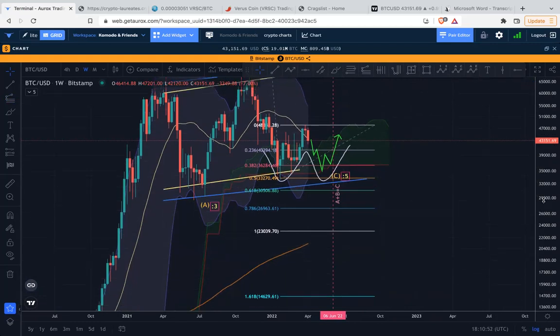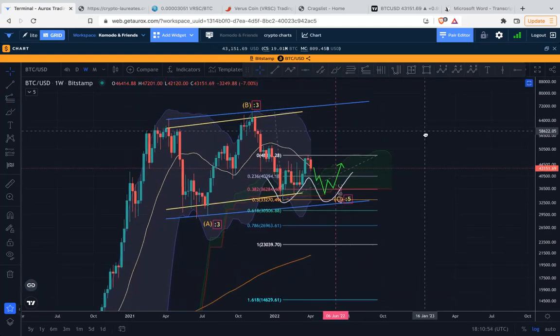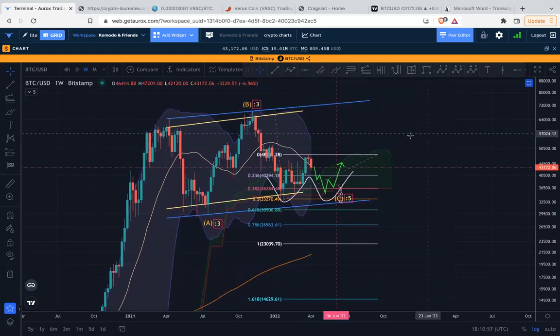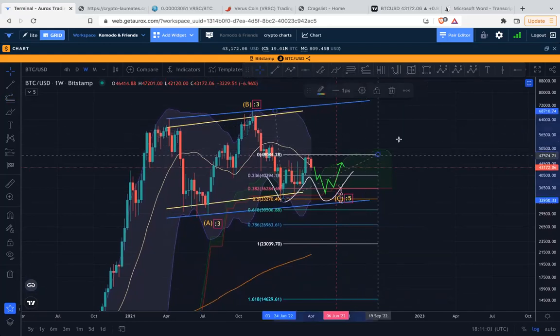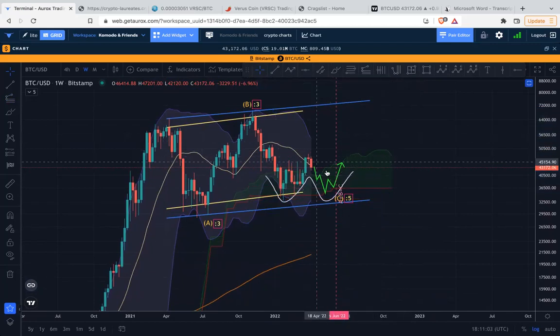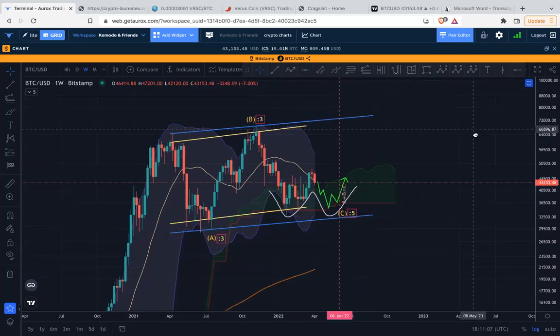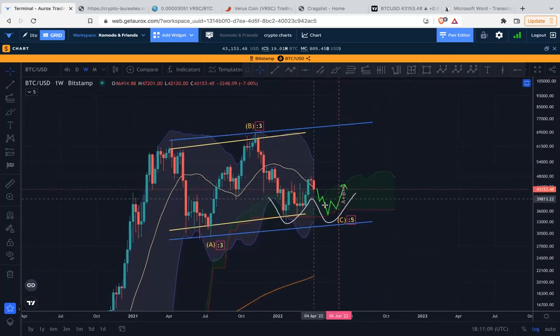So who knows if that's the case. I'm less likely on that one, but of course, there's a lot of calls for extreme bear. I think we'll have more of a local bear over here, more further correction, continue eating away at the time without eating away more at the price. And yeah, that'll take us to 6th of June.